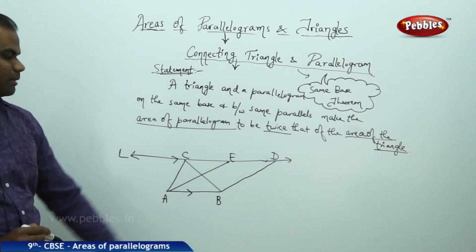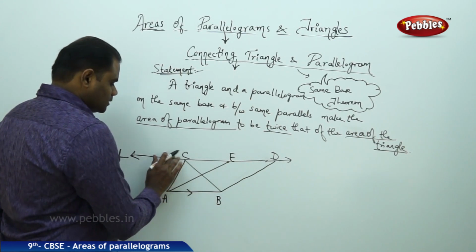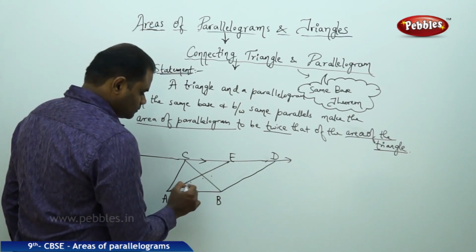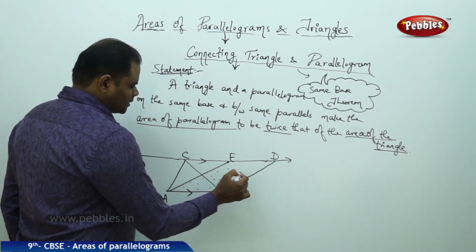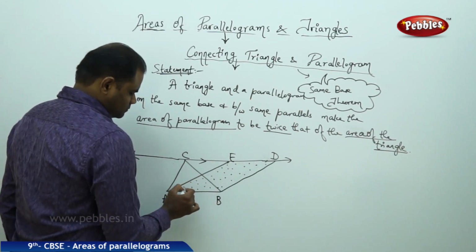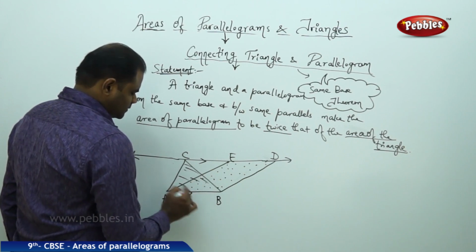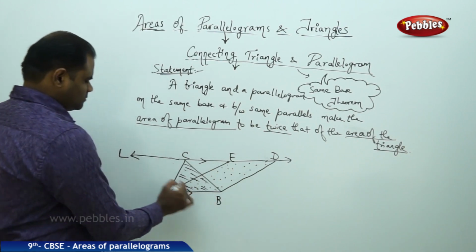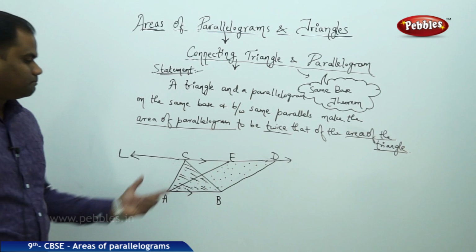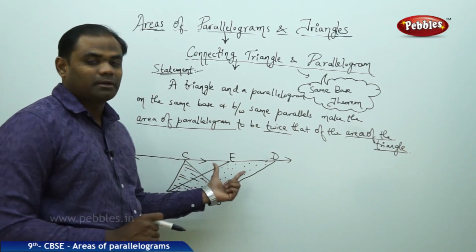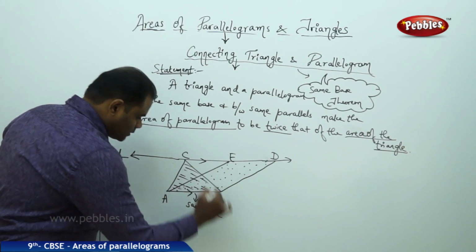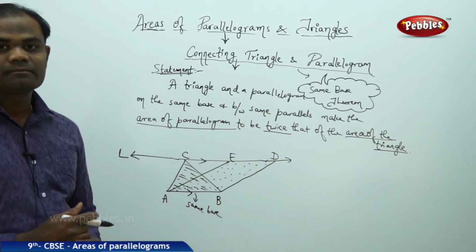So I have a triangle and a parallelogram between the same parallels and the same base. So here is the parallelogram, and here is the triangle. That is how we understand a triangle and a parallelogram on the same base AB and between the parallels L and AB.